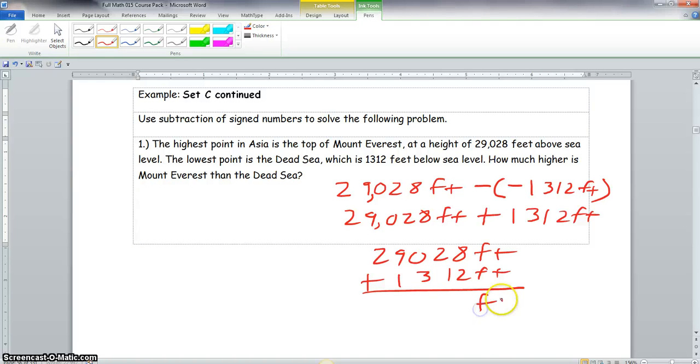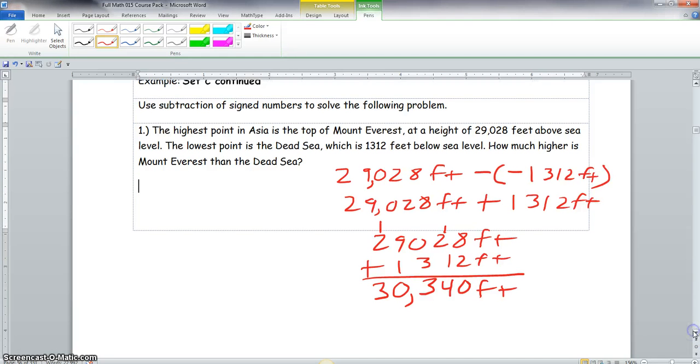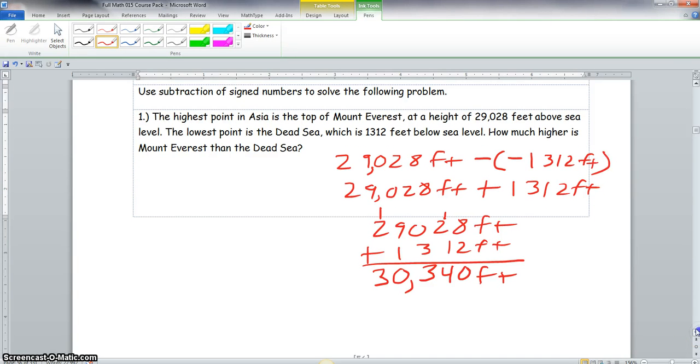So we know our answer is going to end in feet. 8 plus 2 is 10. We carry our 1. 1 plus 2 is 3, plus 1 is 4. 0 plus 3 is 3. 9 plus 1 is 10. Carry a 1. 1 plus 2 is 3. So it'll be 30,340 feet.